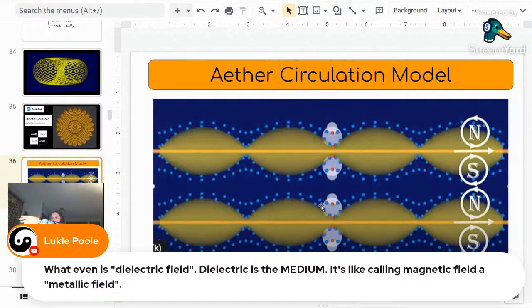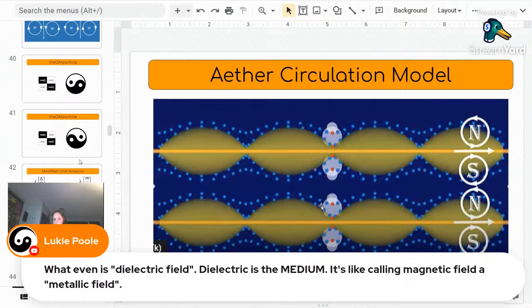In mathematics, like a magnetic field, every point in space is assigned a value, a number. That number would be the strength of the magnetic field and maybe the direction of the magnetic field. And so, what is the dielectric field? Well, the dielectric field is, let me go back to the Steinmetz picture.